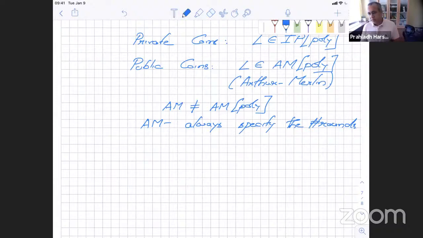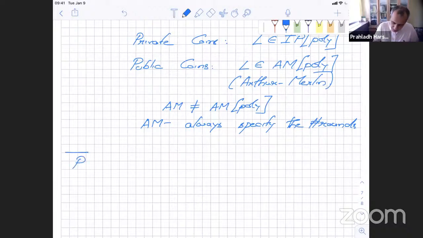What we'll now see, we'll start it, I won't finish it. We'll actually show that public coins IP is extremely powerful. It can solve not just graph non-isomorphism, it can actually solve the permanent. The permanent, because of Toda's theorem, means it can solve the entire hierarchy. So what we will do next, I'll just start it now.